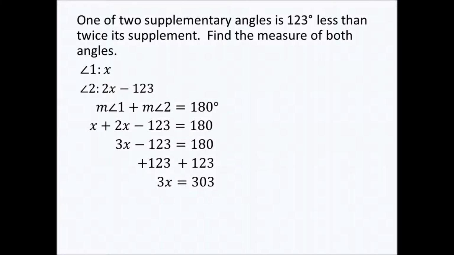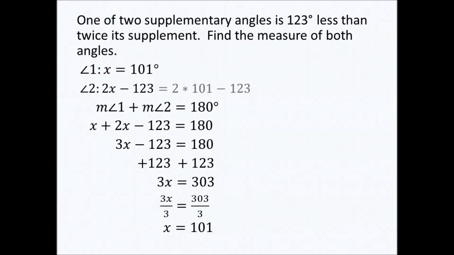The next step is to divide both sides by 3. 3x divided by 3 equals 303 divided by 3. x equals 101. Next, we substitute. 2x minus 123. 2 times 101 minus 123 is equal to 202 minus 123 equals 79.